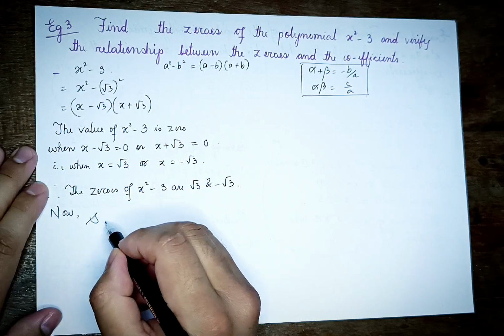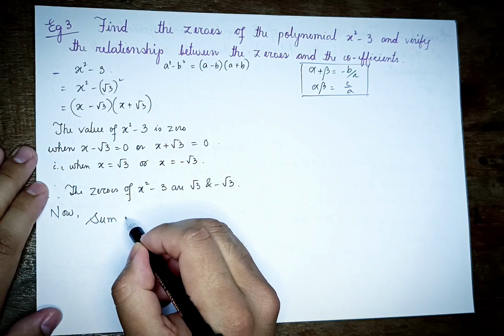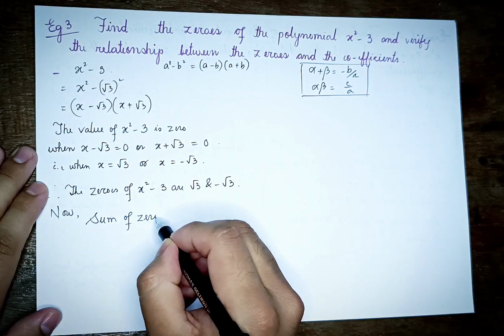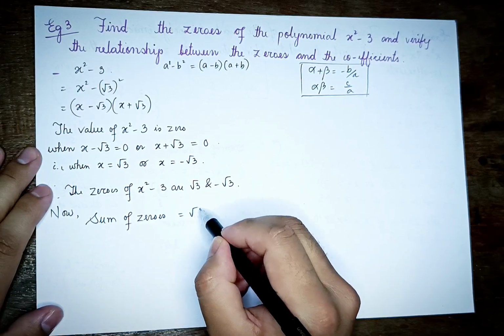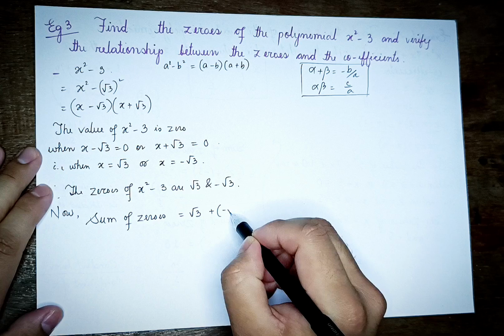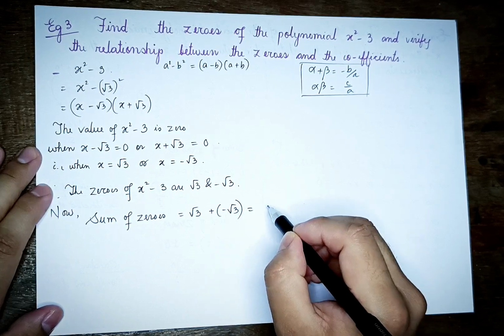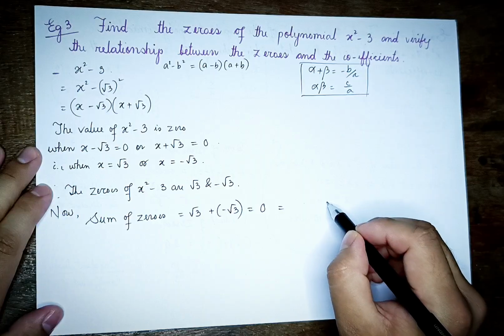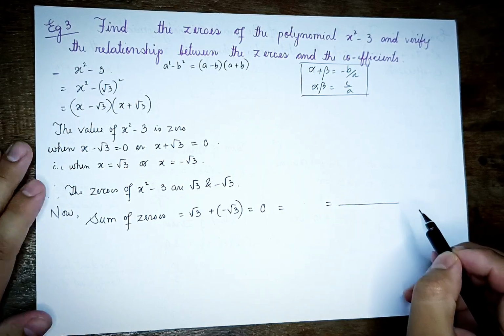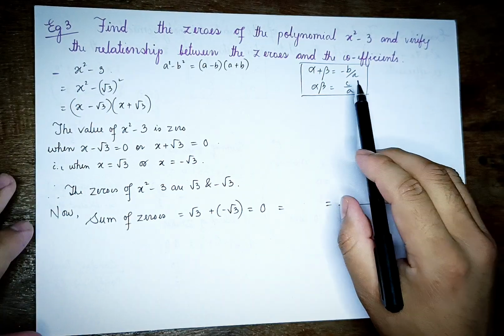Now sum of zeros. Here sum of zeros is root over 3 plus minus of root over 3, which is equal to 0. Leave a blank here and write, we know that sum of zeros is minus b by a.